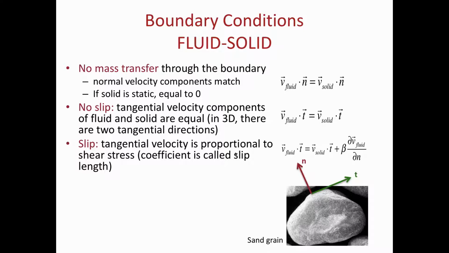Slip then means that my tangential velocity is proportional to shear stress. So I might have this component that used to be 0, plus some beta, which I need to know, times the derivative in the normal direction of the velocity of the fluid. In your homework, you had a slightly different formulation for slip velocity. Both are models, and none of those models is perfect.